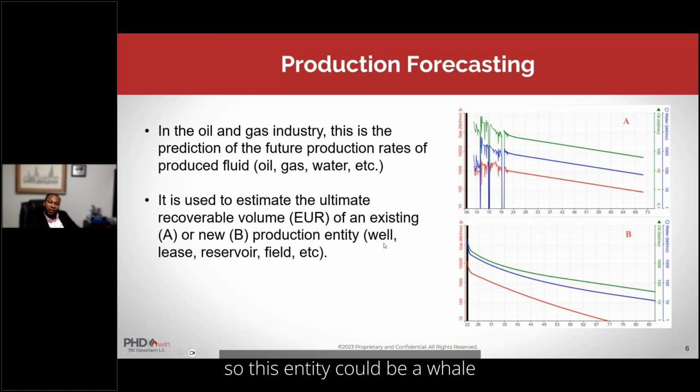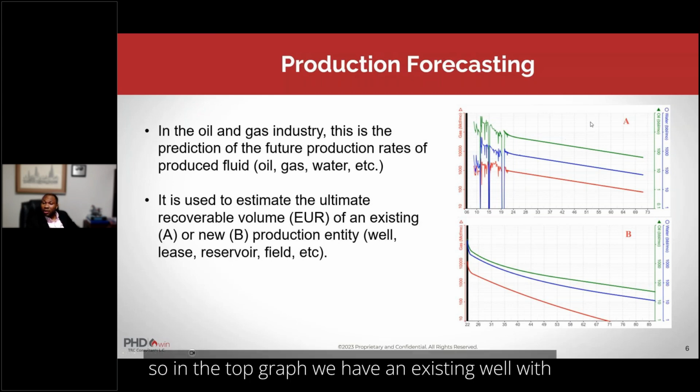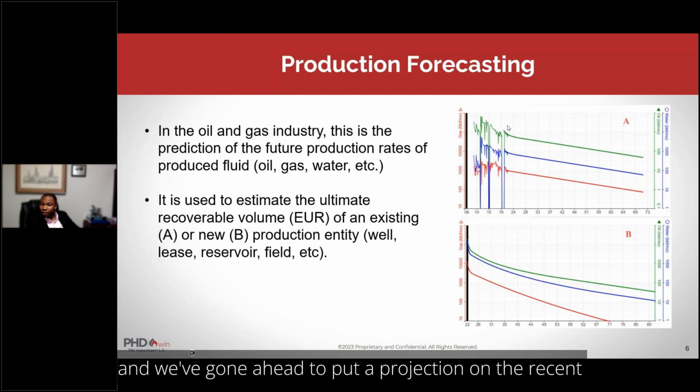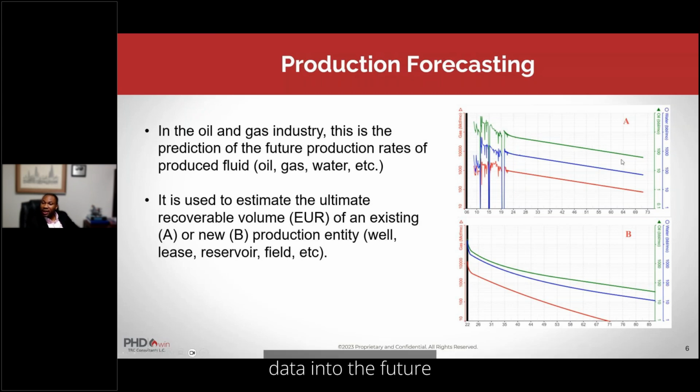This entity could be a well, a lease, a reservoir, or even a field. So in the top graph, we have an existing well with historical production data, and we've put a projection on the recent data into the future.